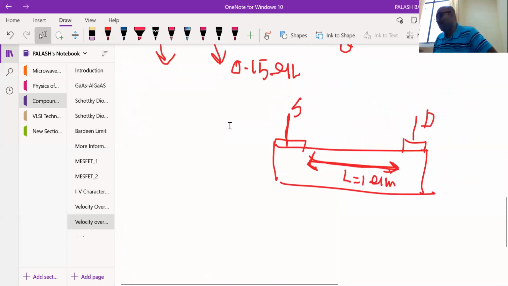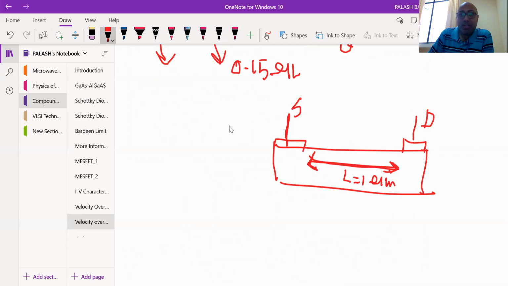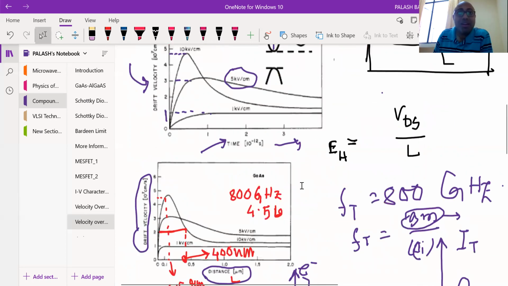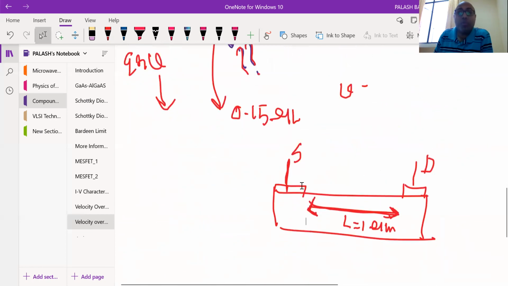Now, this is because your length is very high. So what will happen over here? You might get, with this high length, 10 kilovolt per centimeter. Don't get confused, there are two conditions.